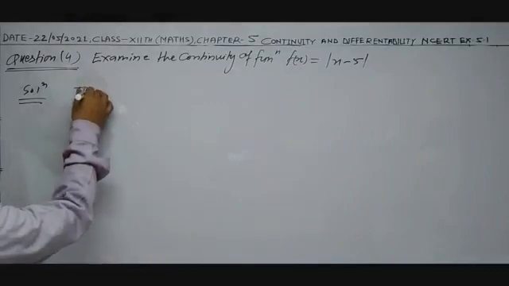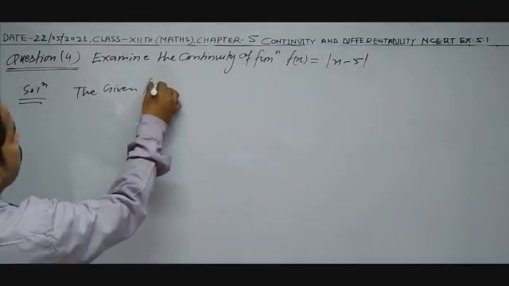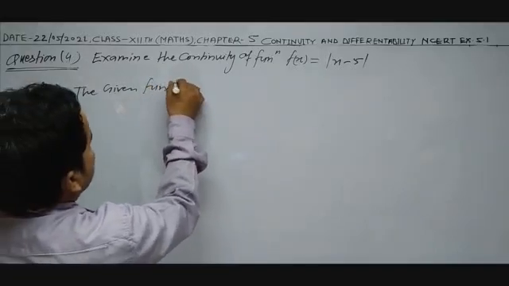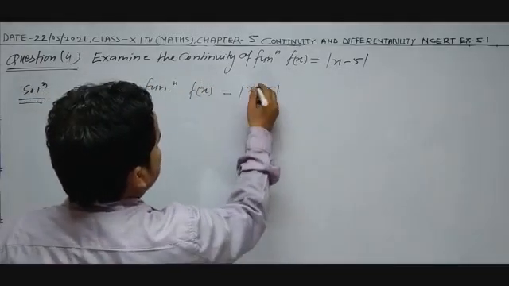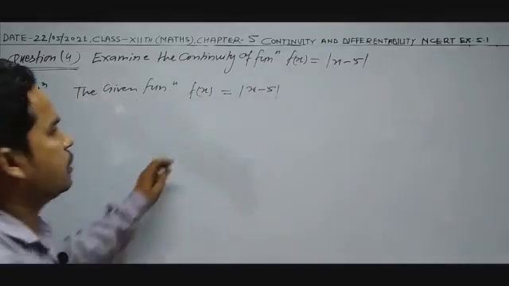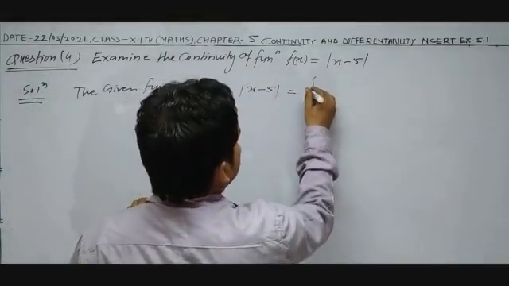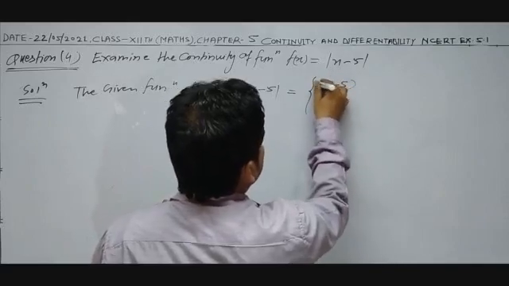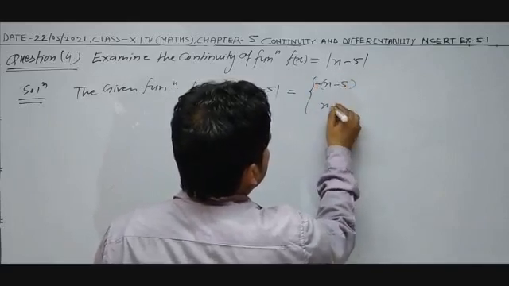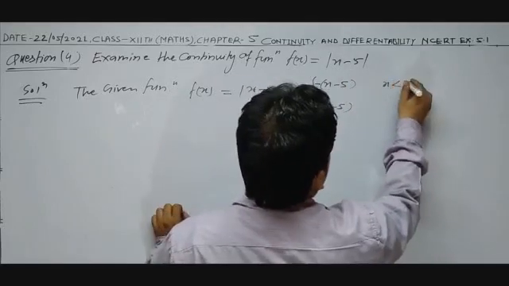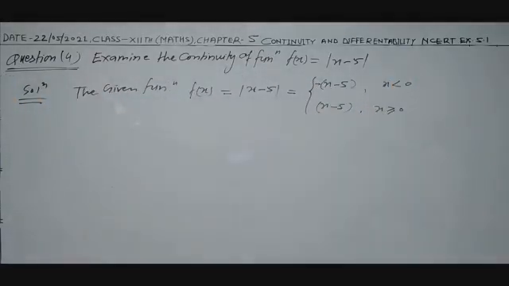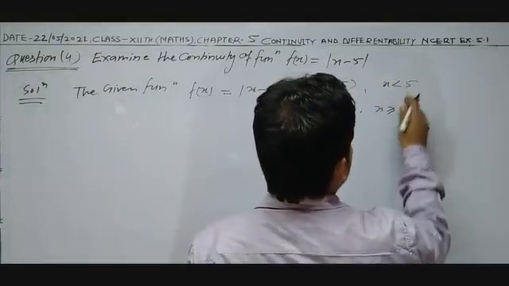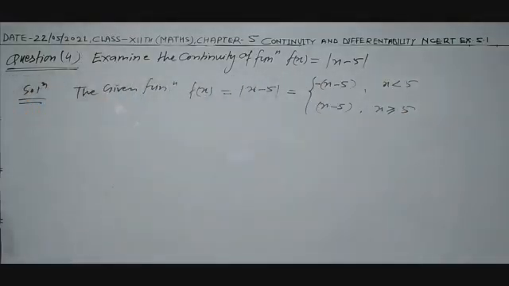Solution: the given function f(x) is equal to mod of x minus 5, and the modulus function can be written as x minus 5 with negative sign, that is, x minus 5 will be positive for x greater than 5, and negative for x less than 5.